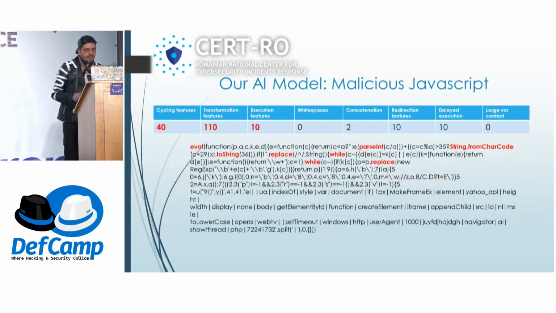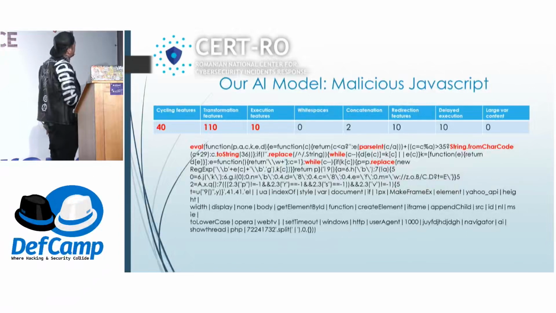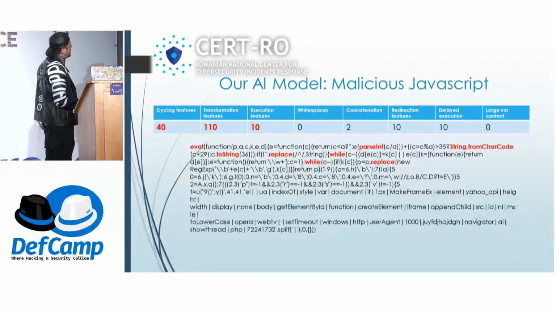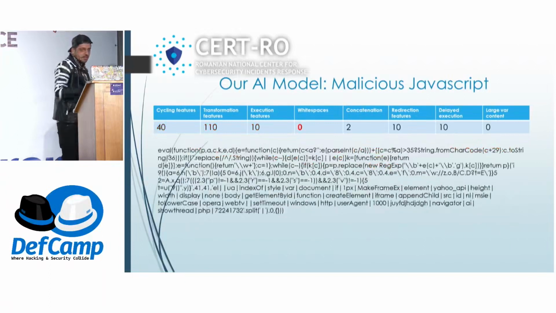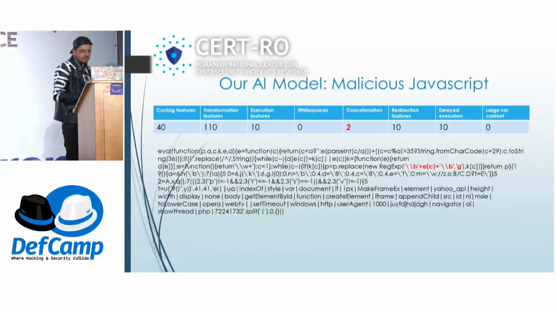But as soon as we feed our obfuscated sample of code, we see that cycling features are 40, transformation features are 110. We have execution features, we have redirection features, we have delayed execution, and no white spaces. 0 white spaces, 2 signs of concatenation.